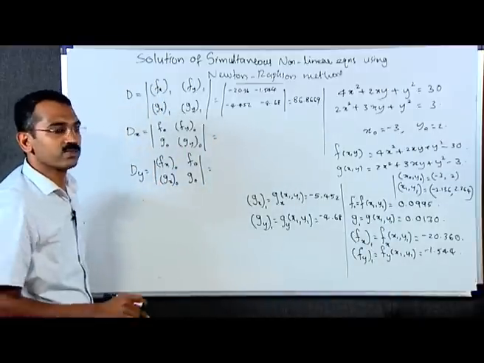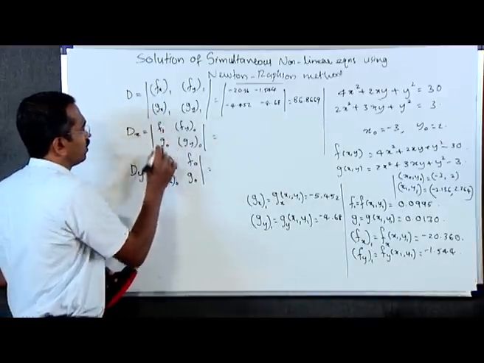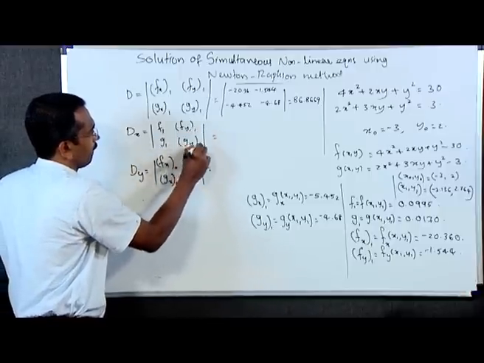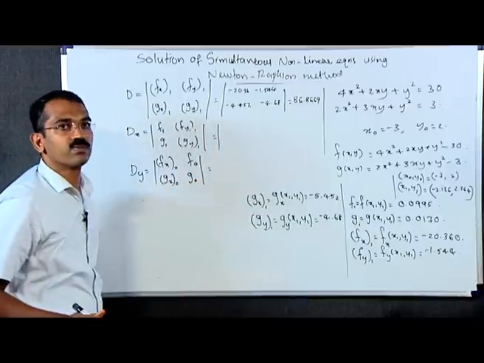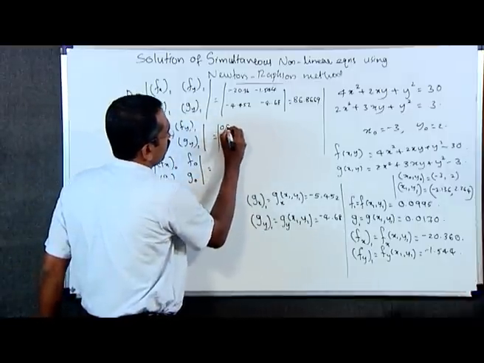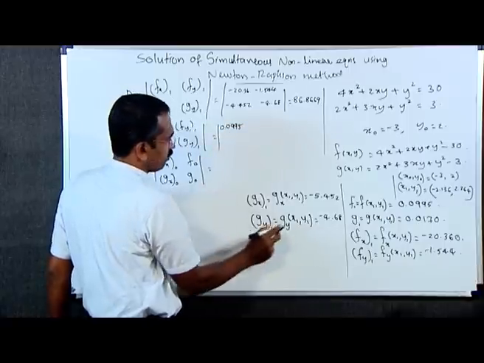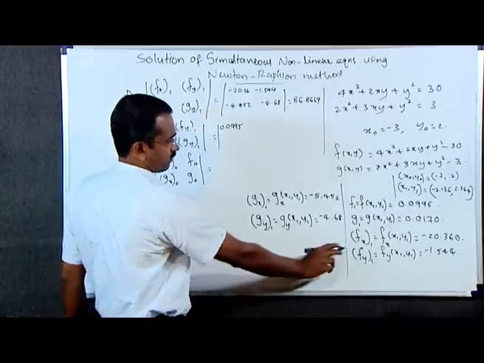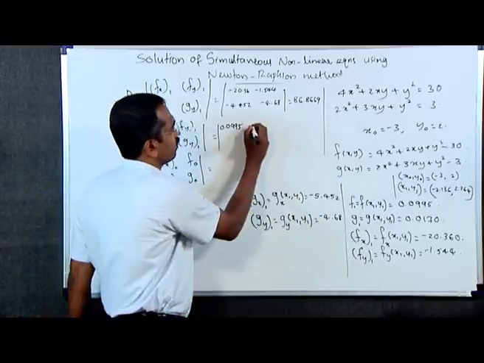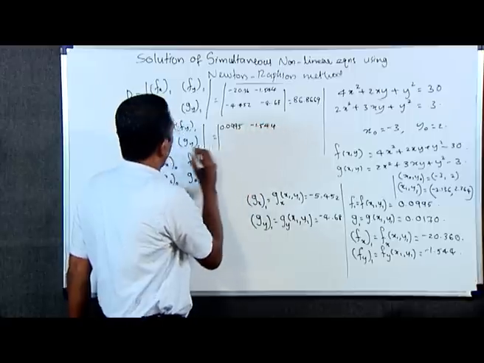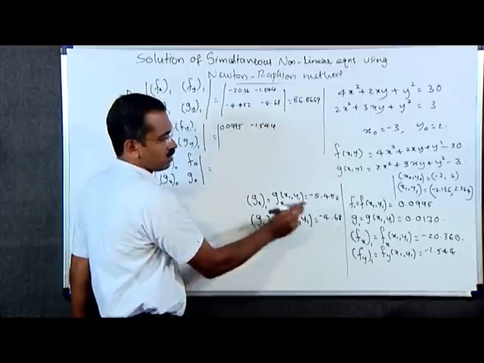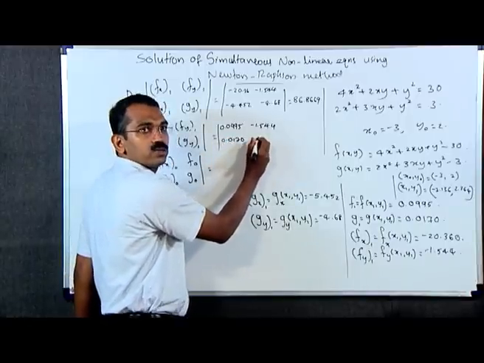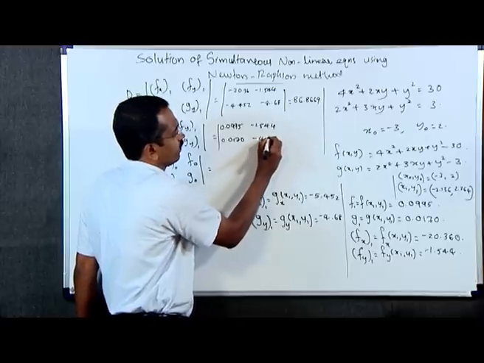dx is the determinant of f1, fy1, g1 and gy1, which are 0.0995, minus 1.544, 0.0170 and minus 4.680.